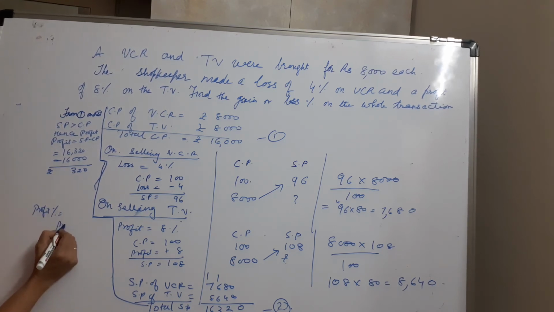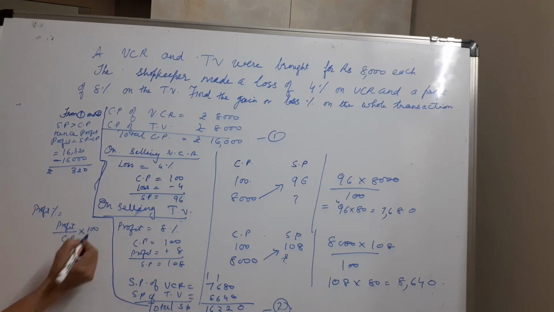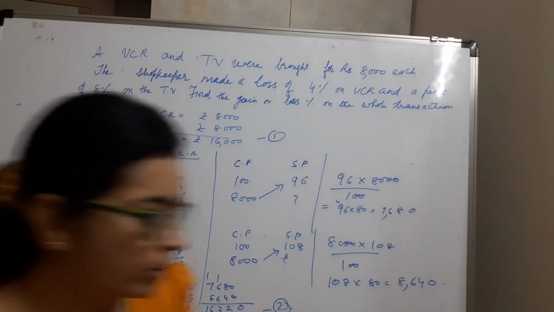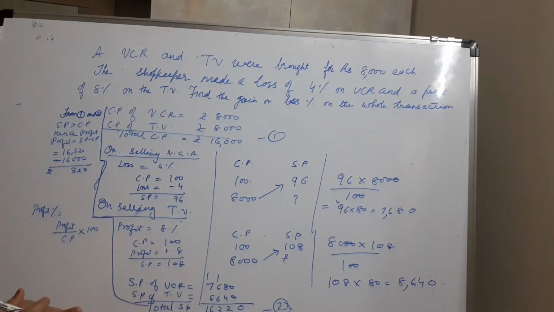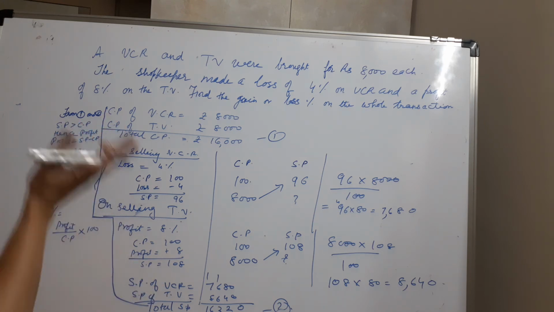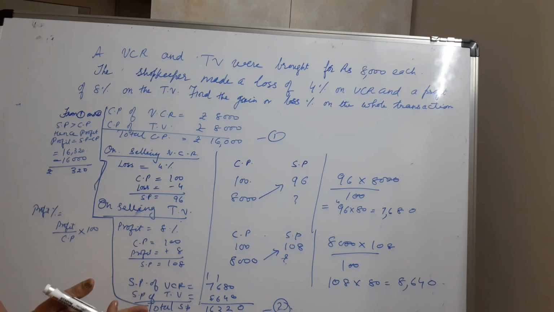It is profit upon CP multiplied by 100. This I haven't taught you before. What is your base? CP. SP is never a base. Be very careful. CP is always the base. From CP either you get profit, which means increase, or loss, which means decrease.